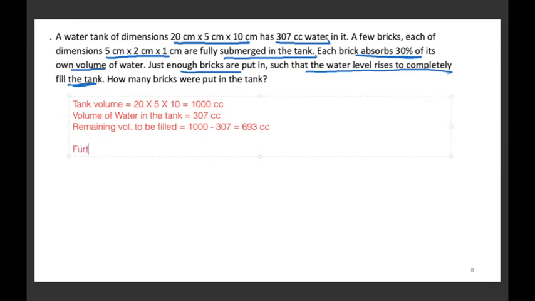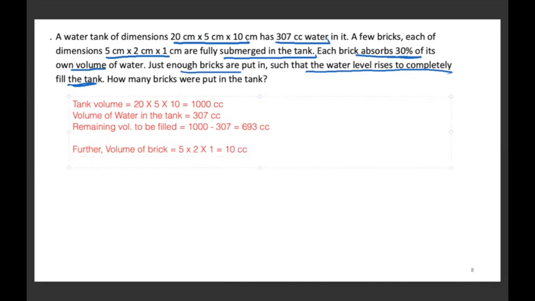Further, we know that the volume of a brick is 5 by 2 by 1, which equals, of course, 10 cubic centimeters or 10 cc.